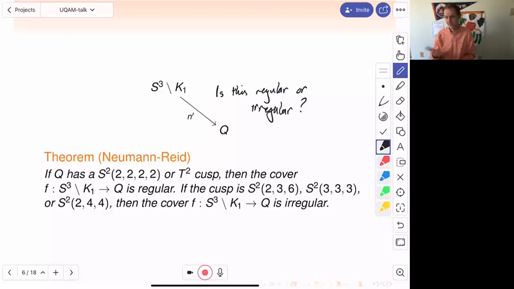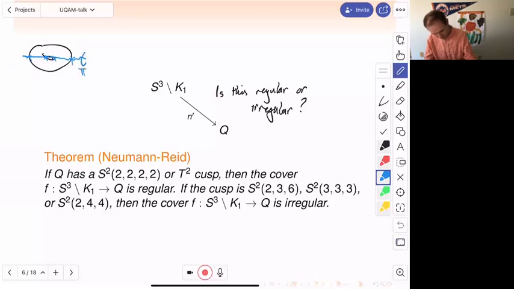So that's going to be a torus itself, or what we can do is take a torus and rotate it by an angle of pi. And when we do that, we're going to get a sphere with 4 cone points of order 2 as a quotient.